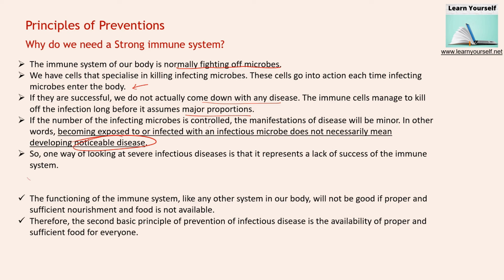The functioning of the immune system, like any other system in our body, will not be good if proper and sufficient nourishment and food is not available. So how do we make our immune system strong? The first point is sufficient and balanced nutrition. Therefore, the second basic principle of prevention of infectious disease is the availability of proper and sufficient food for everyone.